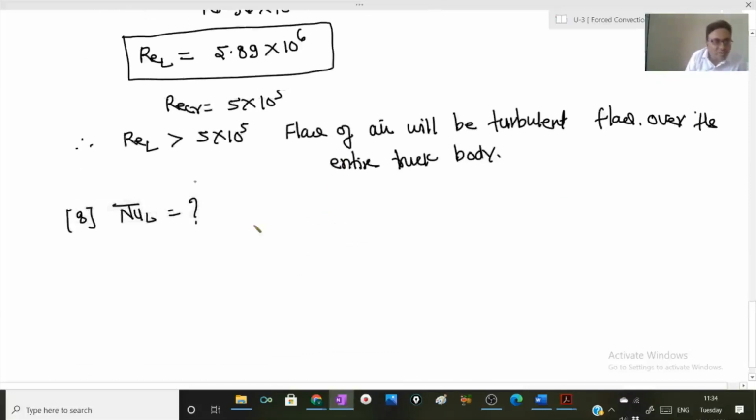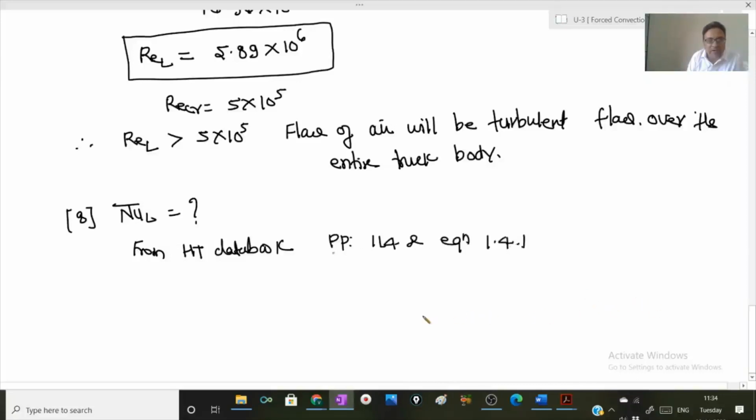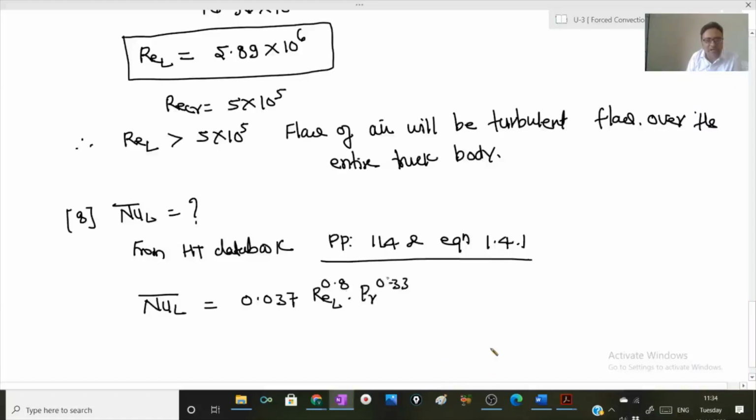Okay. So once again, from HT data book, page number 114 and equation 1.4.1, the expression for Nusselt number, particularly average Nusselt number, is 0.037 Re_L power 0.8 and Prandtl number power 0.33.